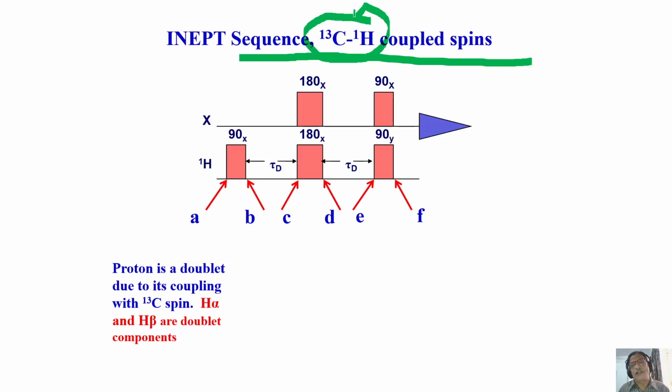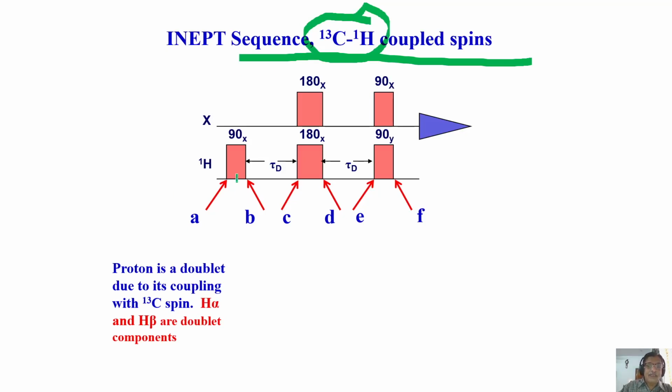You can incorporate that sequence in most 2-dimensional and 3-dimensional experiments. This INEPT sequence is always utilized. Let us understand how the magnetization behaves in different parts of the pulse sequence here.